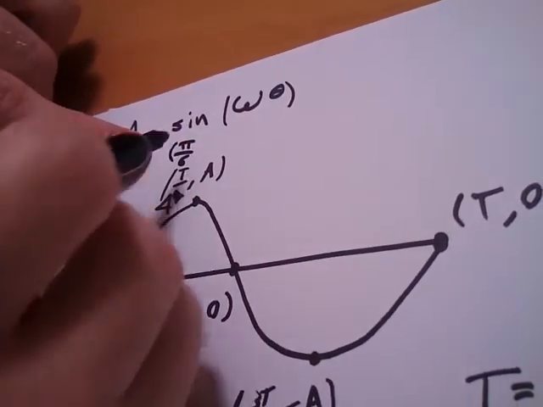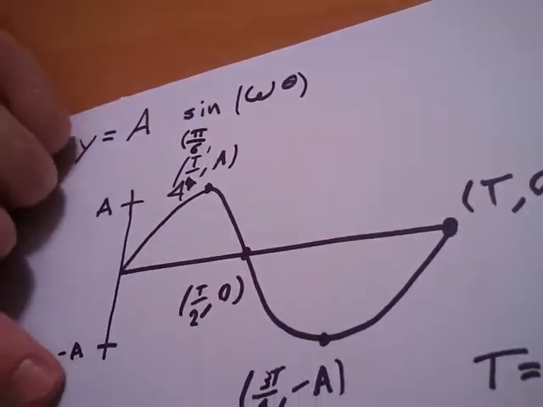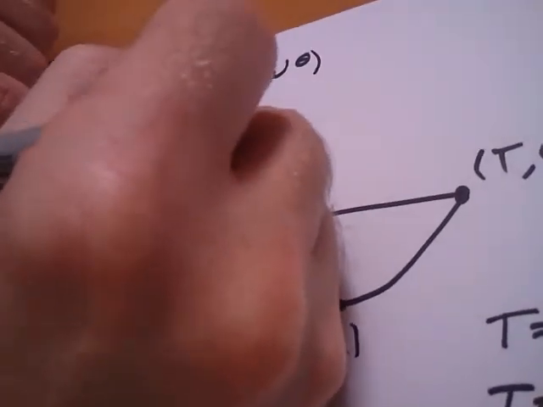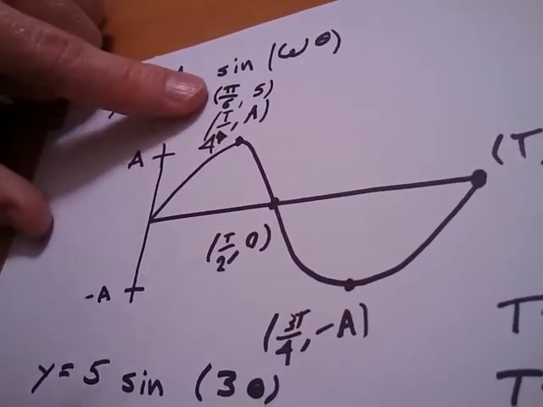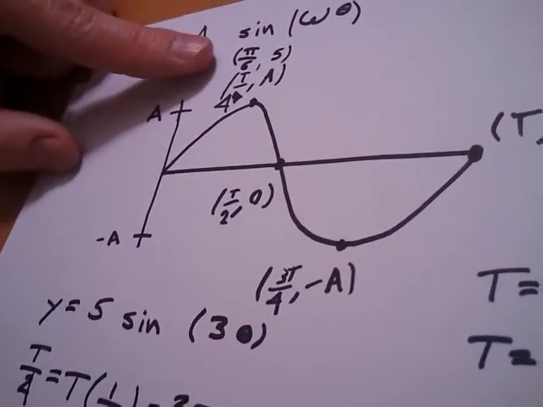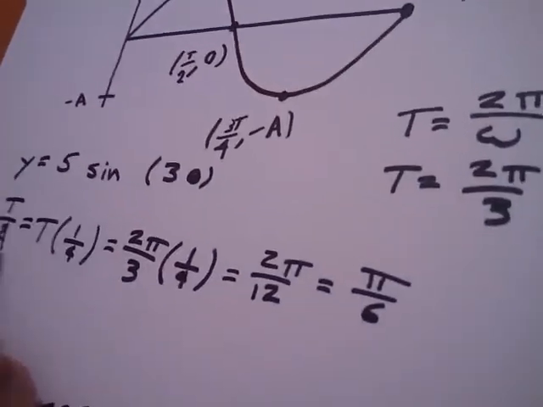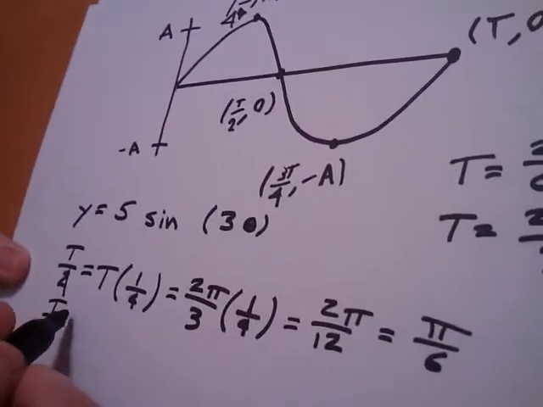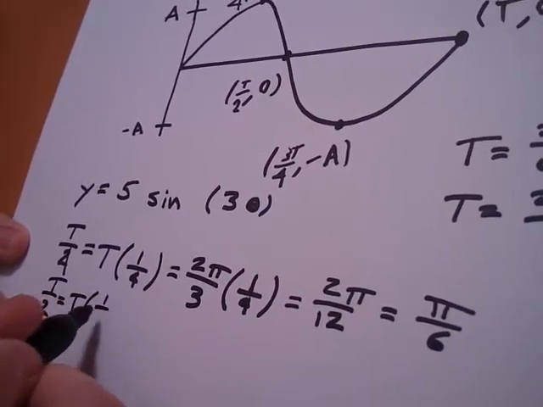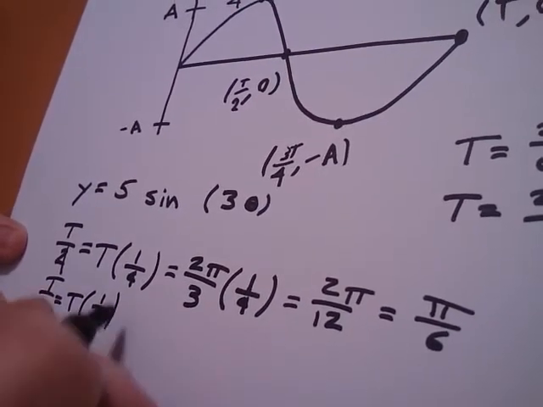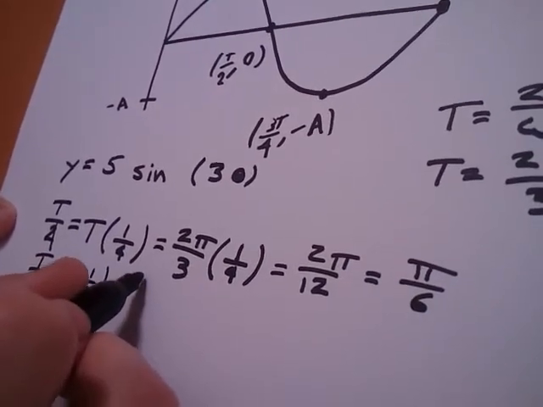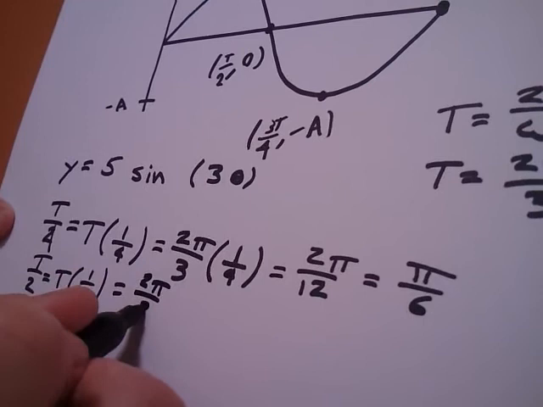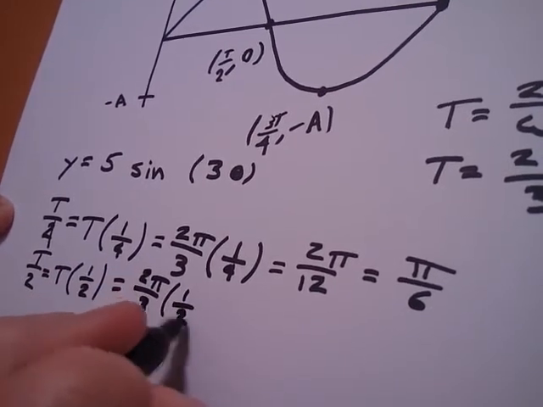And we already said that a is 5, so it would be pi over 6 comma 5. T over 2 is the same thing as T times 1 over 2, which is 2 pi over 3 times 1/2.